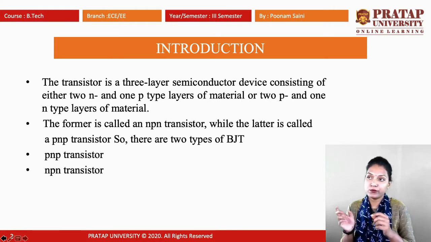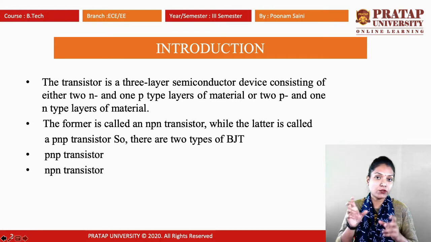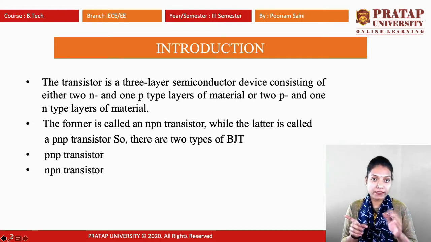That is, if a transistor is NPN, that means there are two N layers and the P layer is sandwiched between the two N layers, and the other one is PNP. So the N layer is sandwiched between the two P layers.